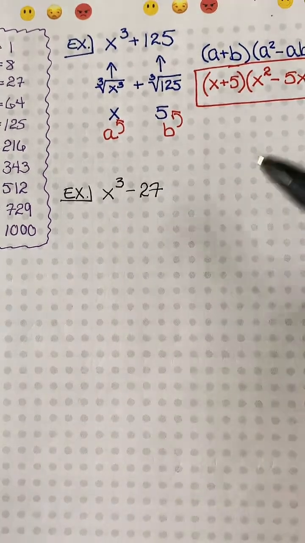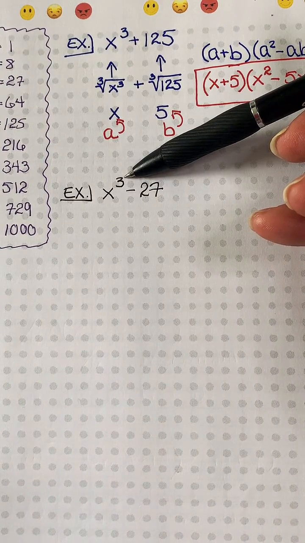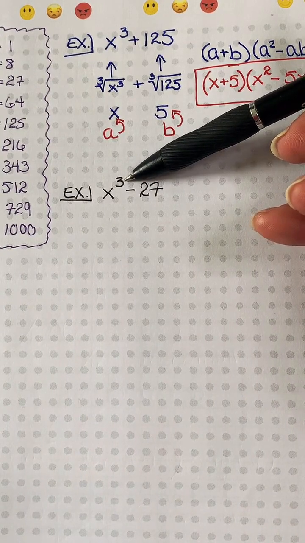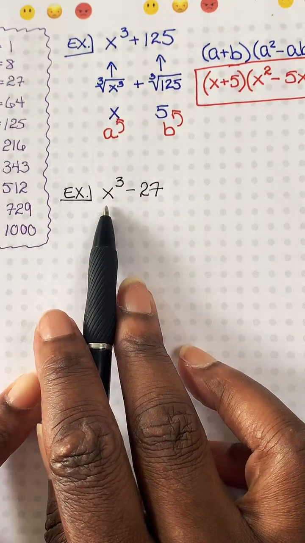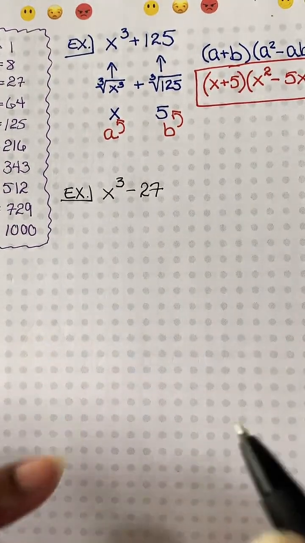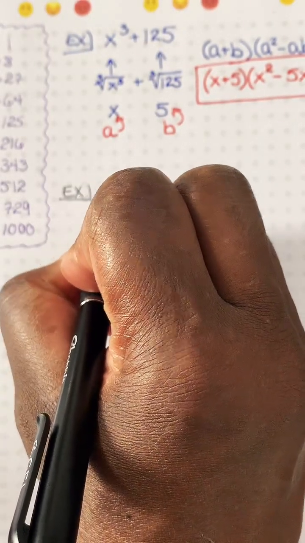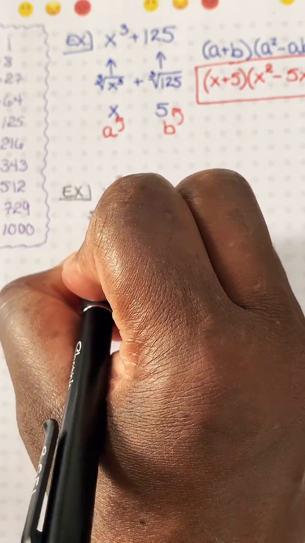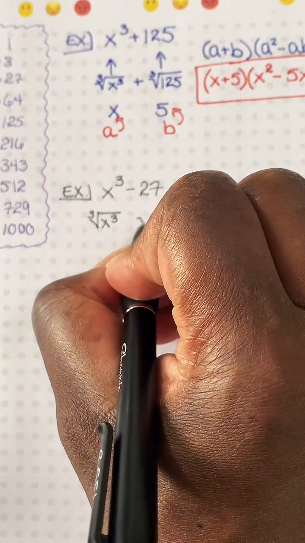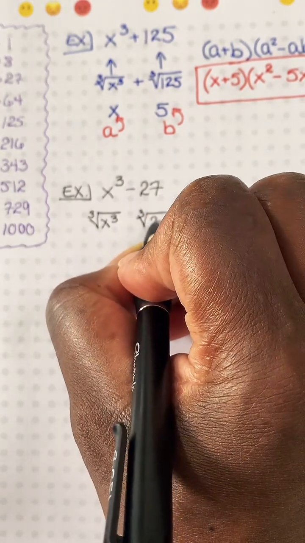How do I know I'm looking at cubes? Well, my leading exponent, or my highest degree, is a 3. So that means I'm dealing with cubes here. So in order for me to figure out what my a and my b is when I plug it into the formula, I need to do the cube root of x to the third, and I need to do the cube root of 27.